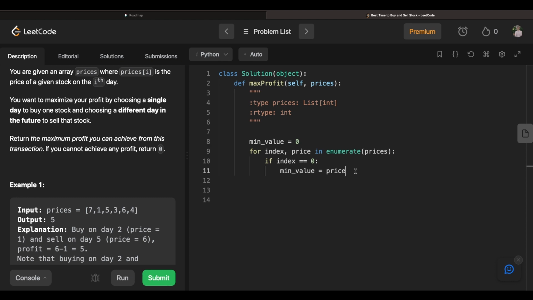So if the index is 0, we set the min val equal to whatever current price we're at. In any other case, so after the first index, what we want to do is say if price is less than the min value, we want to set the min value equal to the price. So in this case, we would set the min value to 1.